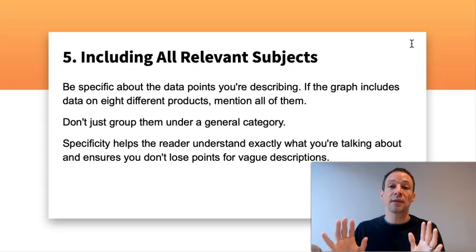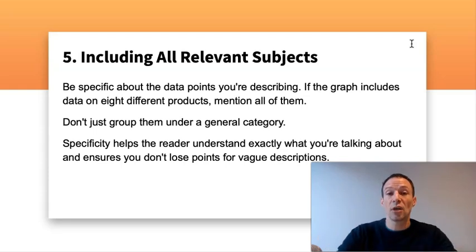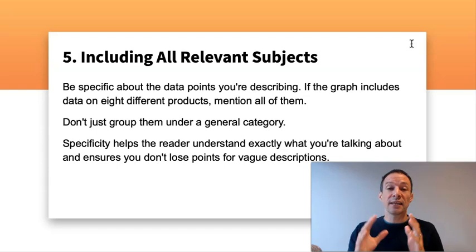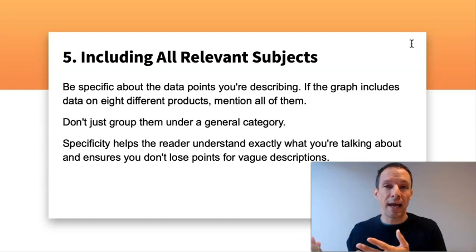We've got to include that data. Now be careful here, because what happens a lot of the time is a student might list every single data point, which means the student has clearly ignored the actual task, which is to summarize and give the main points of the chart.